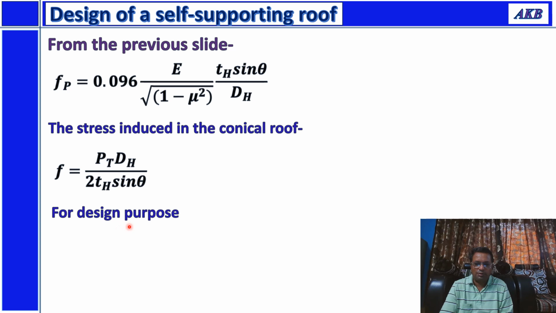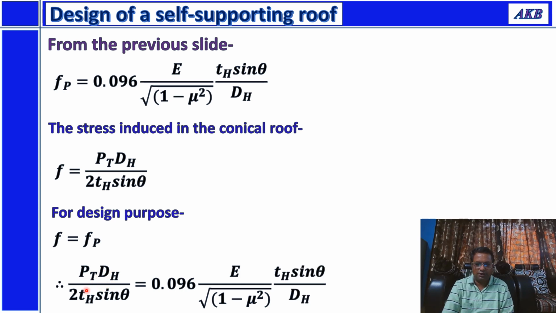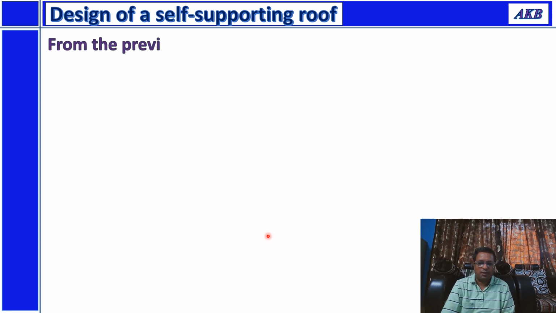Now what is our job? We are going to equate the stress induced with the permissible stress. That is, F is equal to Fp. So if you put values for the two stresses, you have this equation: Pt dH by 2 T into Th into sin theta is equal to 0.096 into E upon under root of 1 minus mu square into Th sin theta upon dH. You can simplify it further, continuing with the equation that we obtained previously.